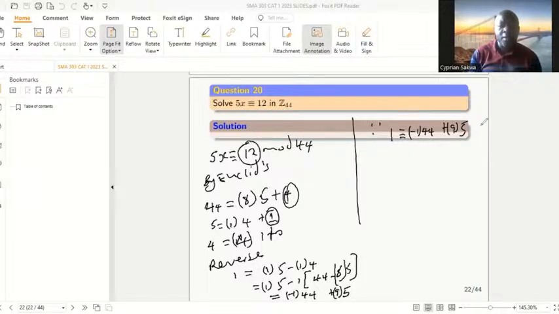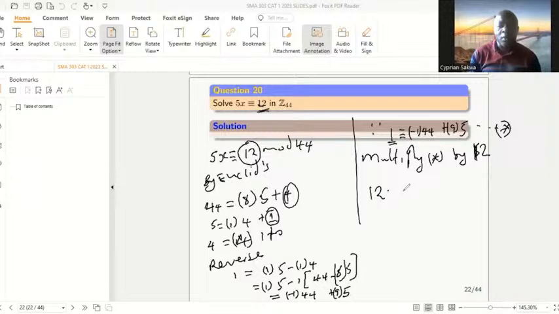So 1 is the remainder, but we want the remainder to be 12. So multiply this star by 12, because 12 is the remainder here, to make this remainder also be 12.